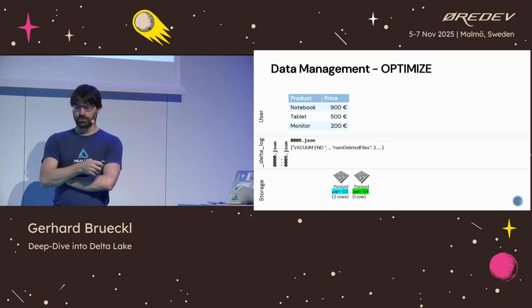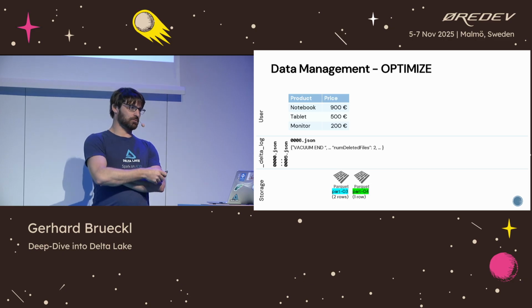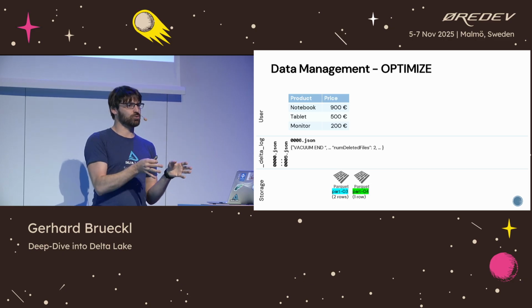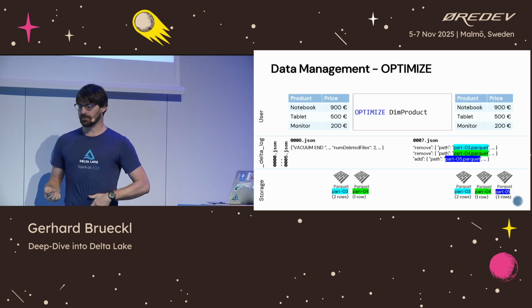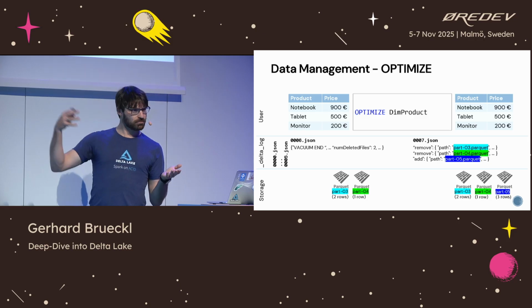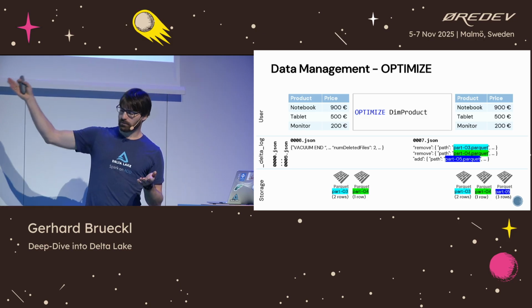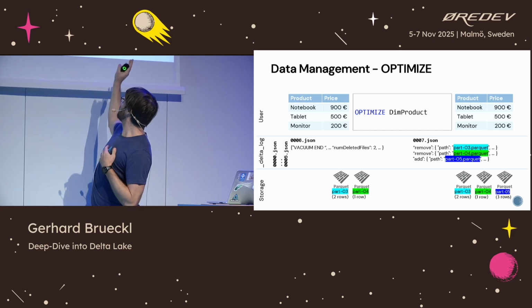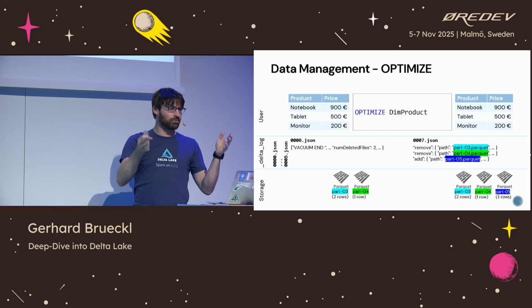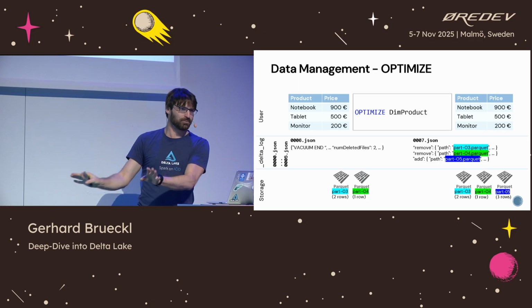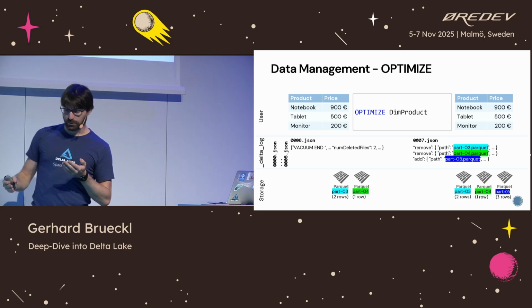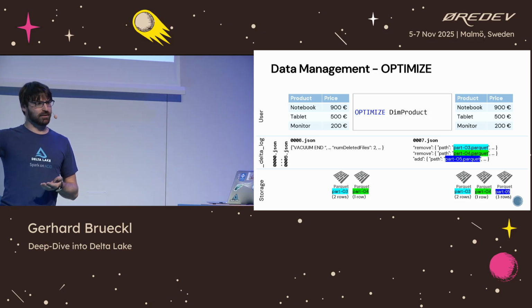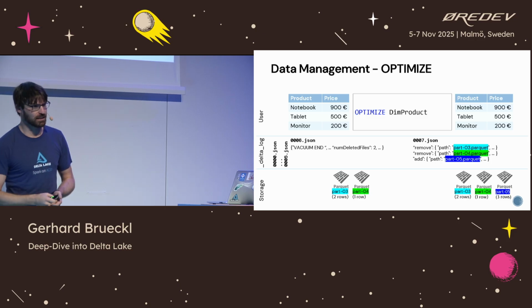So you can run an optimize, which takes those small files and collapses them into one bigger file. If I run an optimize on that table, it creates another transaction, another version, and creates Parquet file 5, which is again one file that contains all the rows in that very simple example. That's how it works in the background. You would usually run an optimize first and then a vacuum afterwards, because the optimize also creates another copy of your data.